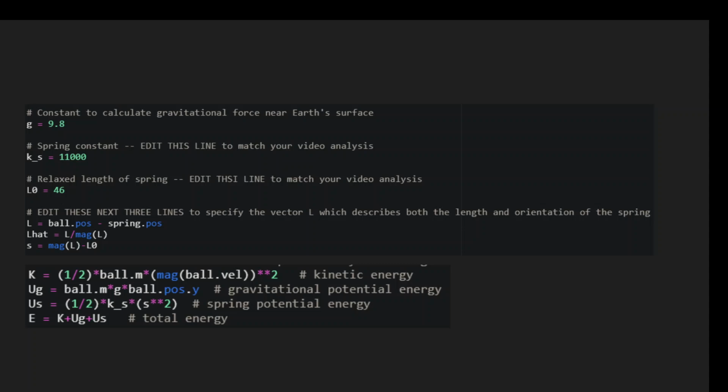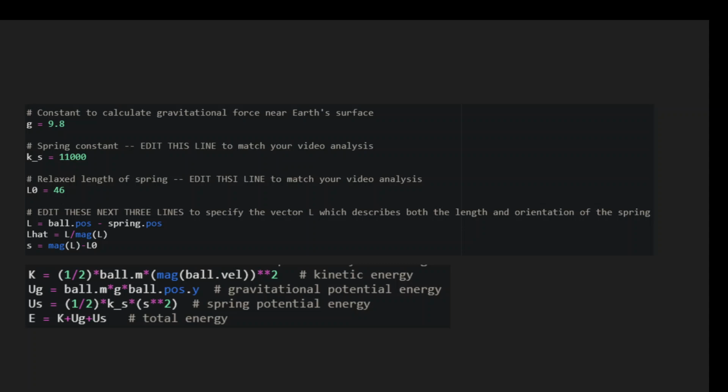I'll use the kinetic energy equation, one half of the ball mass times the ball velocity squared, and then the gravitational potential and the spring potential.